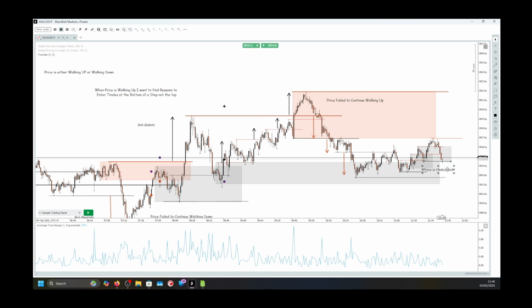Because now you want to see a bullish reaction before price starts closing below this low.